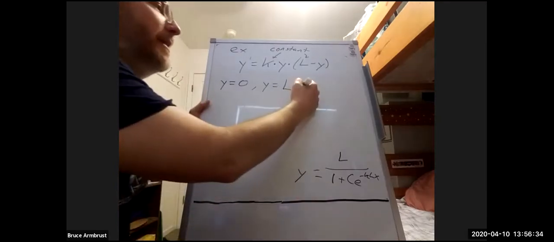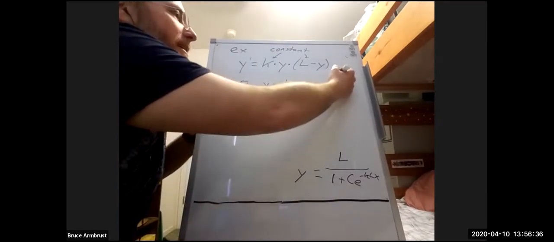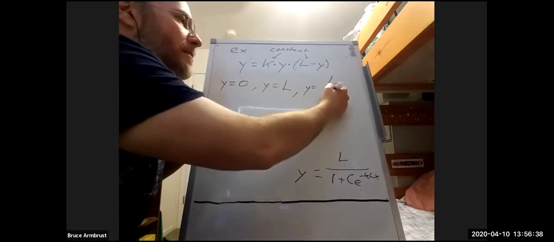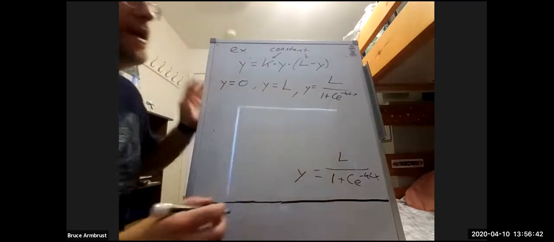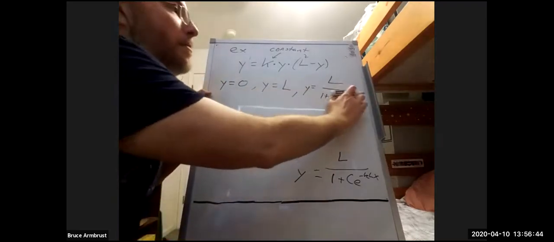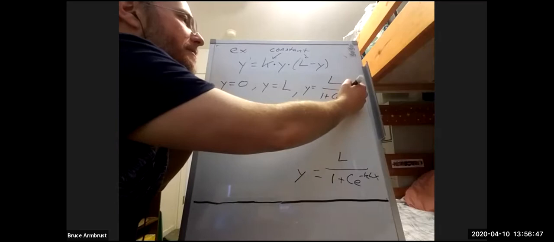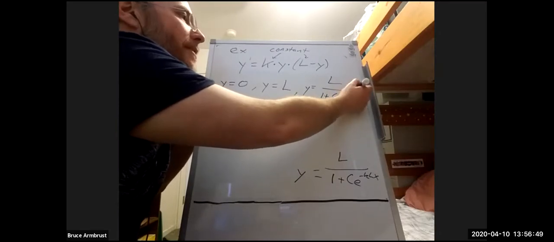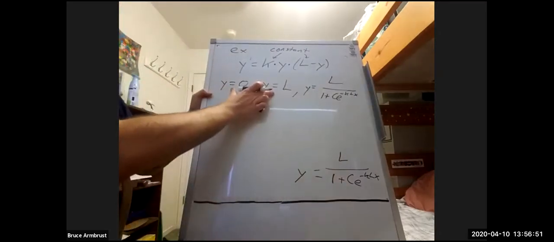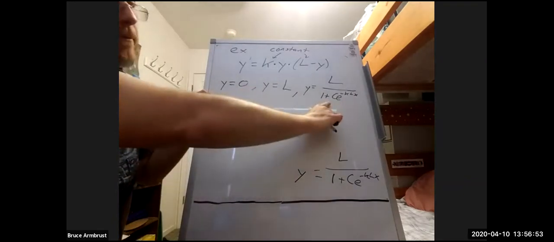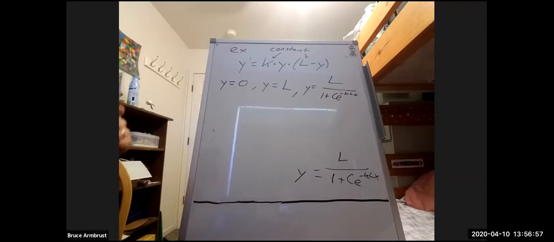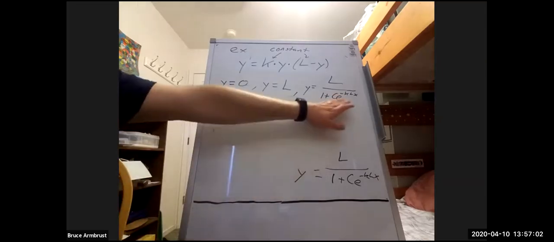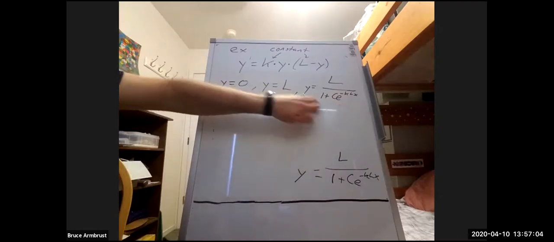And let me just rewrite this one up here. So y equals L over 1 plus c e to the minus kLx. But what I want to know is, are either of these of the same form as the one that we just calculated? Are there values that we can plug in for c that will make this thing equal L or equal 0?